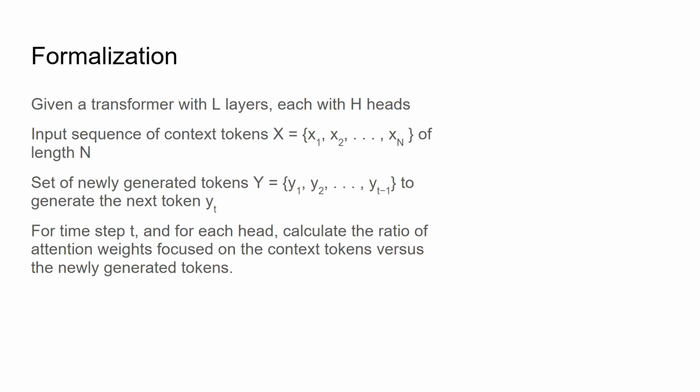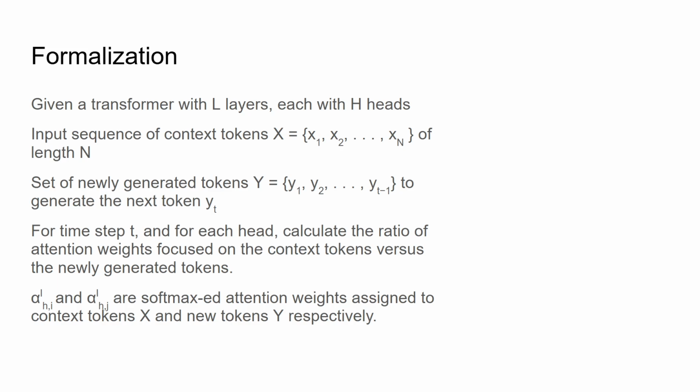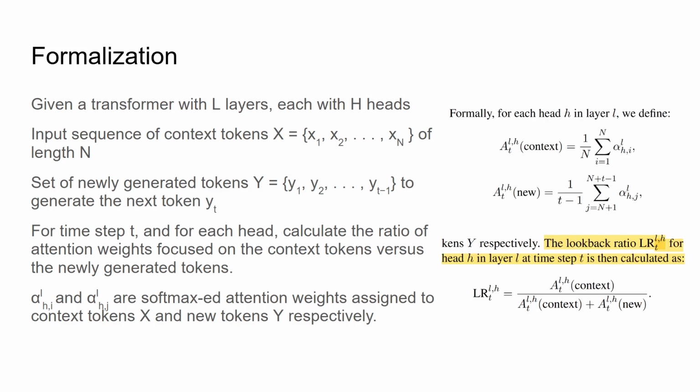And then for each time step T and for each head, so each head has its own attention patterns, you calculate the ratio of attention weights focused on these tokens in X versus those paid on these tokens in Y. So let me also pull up the equations.